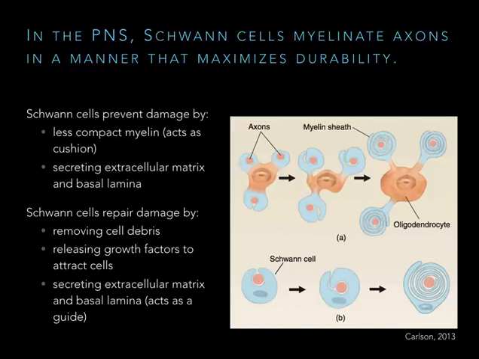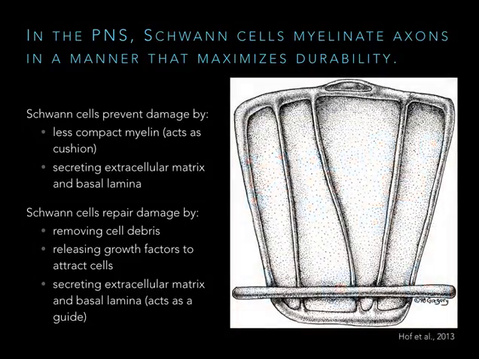So oligodendrocytes will myelinate multiple axon segments, but the Schwann cell is only going to wrap around a single segment of a single axon. So you can see in the top, the oligodendrocyte there is surrounding just those three little segments, but the Schwann cell is going to just surround the one. If we were to unroll a Schwann cell, we'd see that it just kind of wraps around one little section of axon.